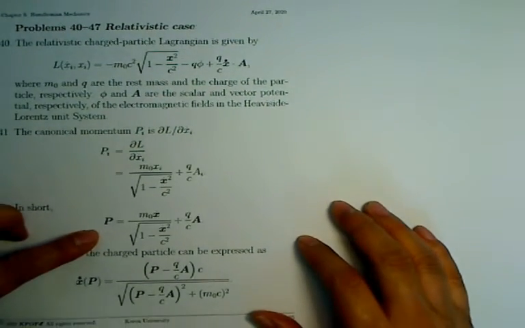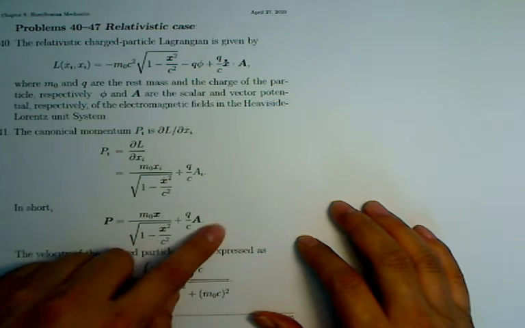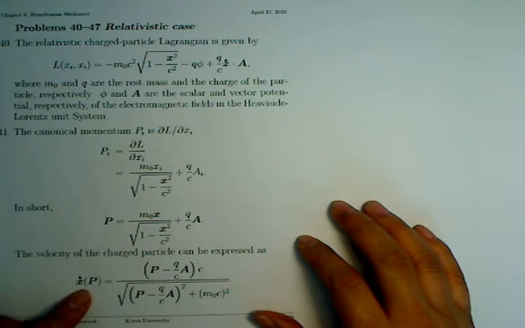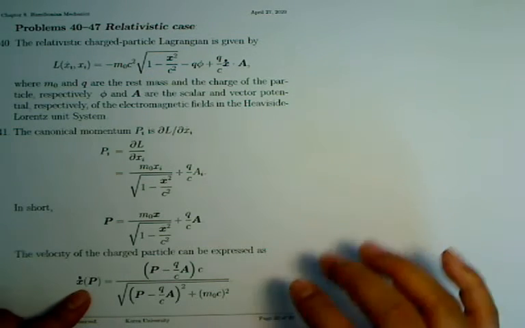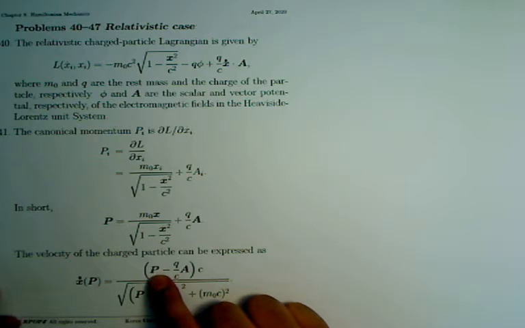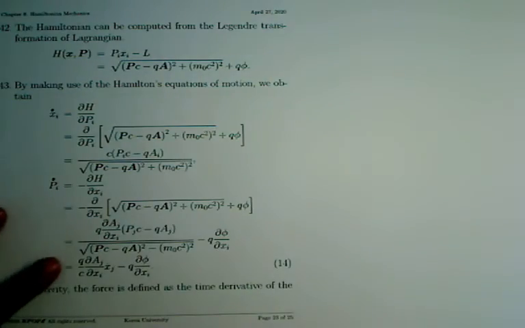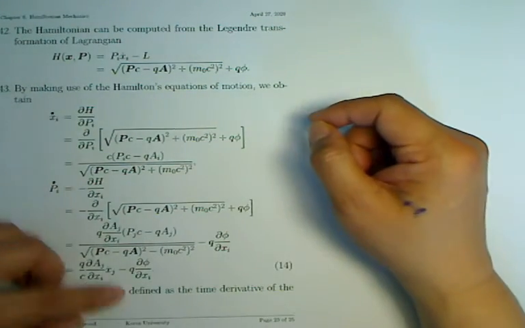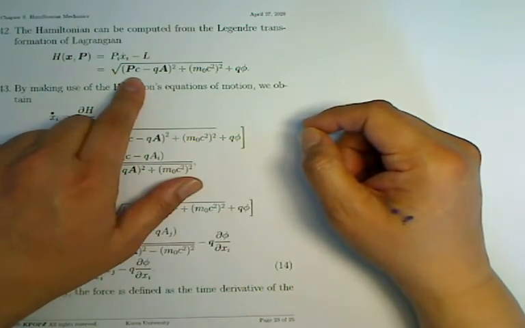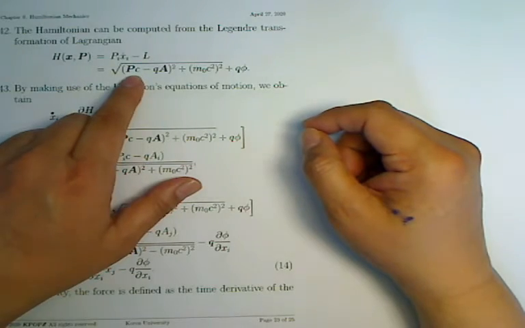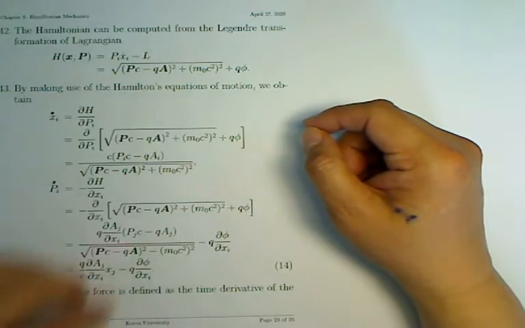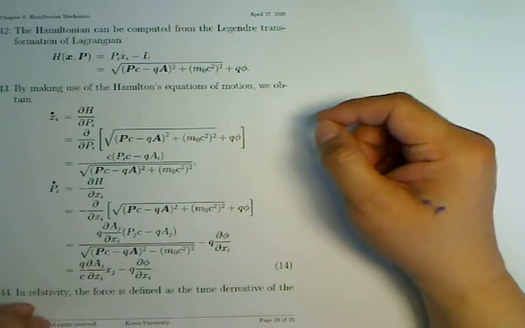Again, the conjugate momentum is expressed in this, so the replacement should be made in comparison with the free particle case. What we have to do is just to replace the momentum with P minus q over c A. A tedious calculation will give the result, but you can also replace pc with Pc minus qA, just like what you have stated before.